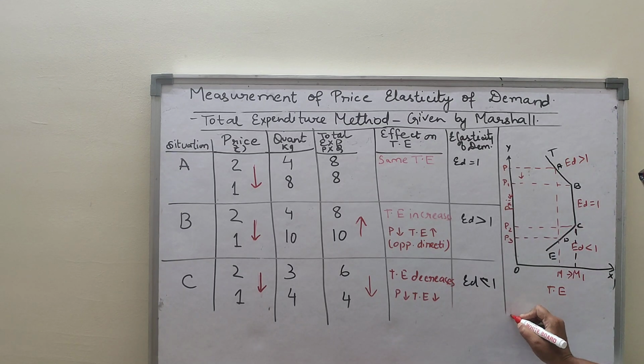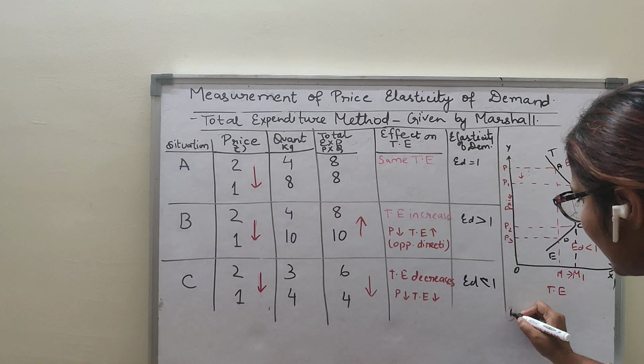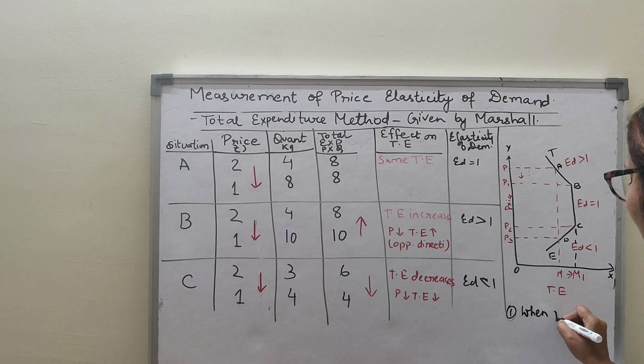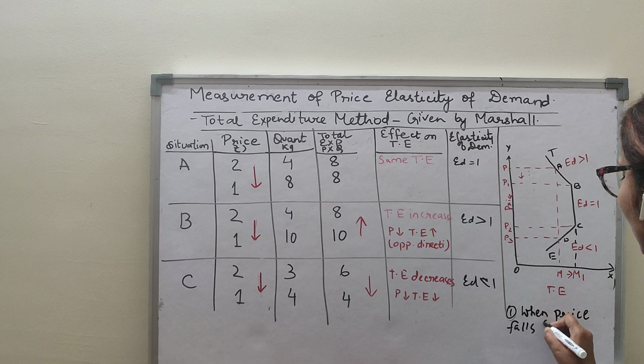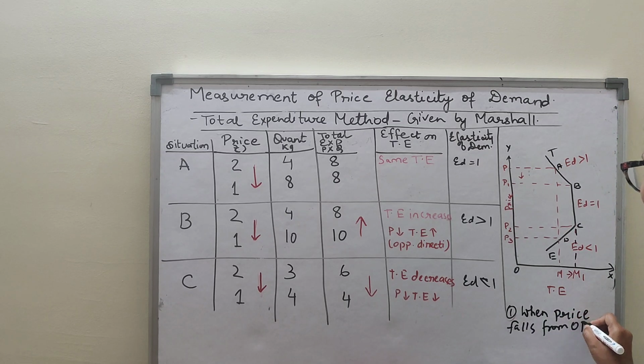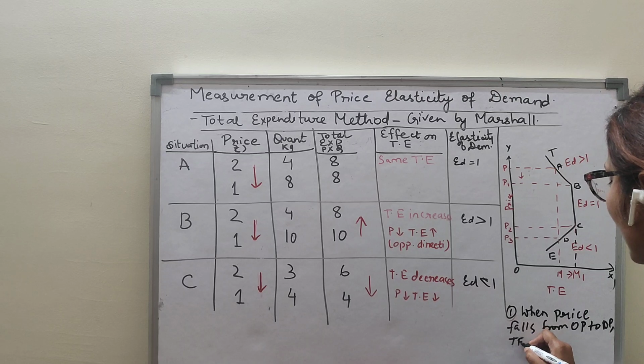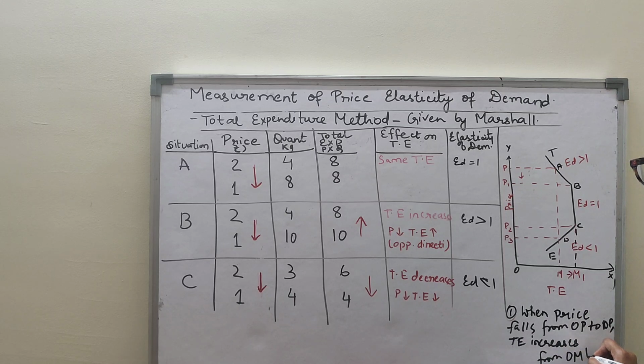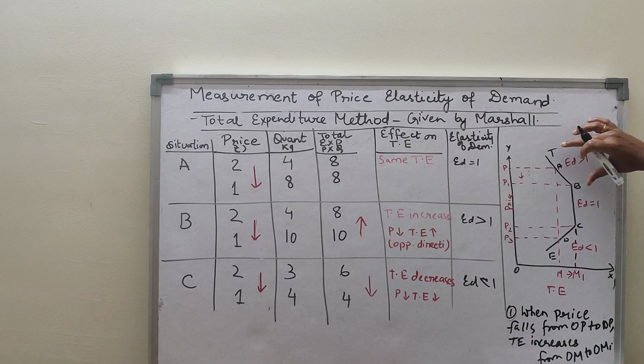So first point, please note it down with me: when price falls from OP to OP1, total expenditure increases from OM to OM1. Please note it down. First point. This is the TB portion.